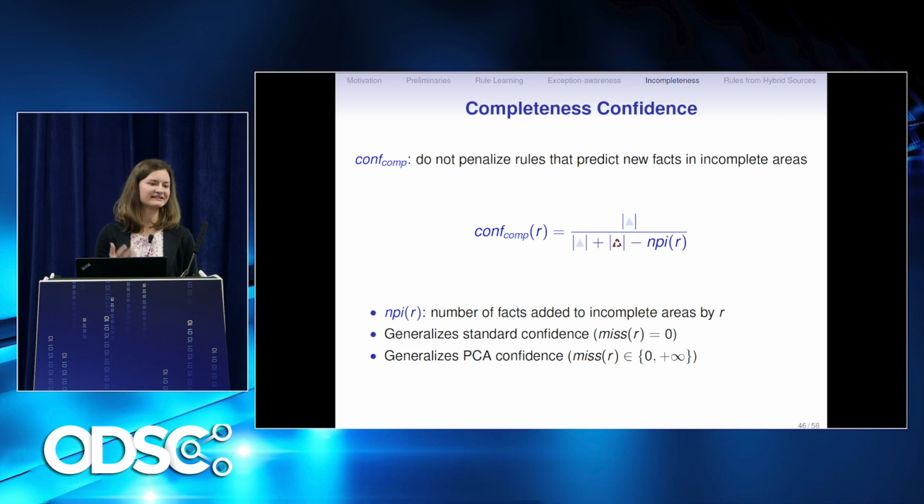It basically generalizes the standard notion of the confidence that was proposed in the data mining community, and also generalizes this partial completeness assumption confidence that we have earlier seen.